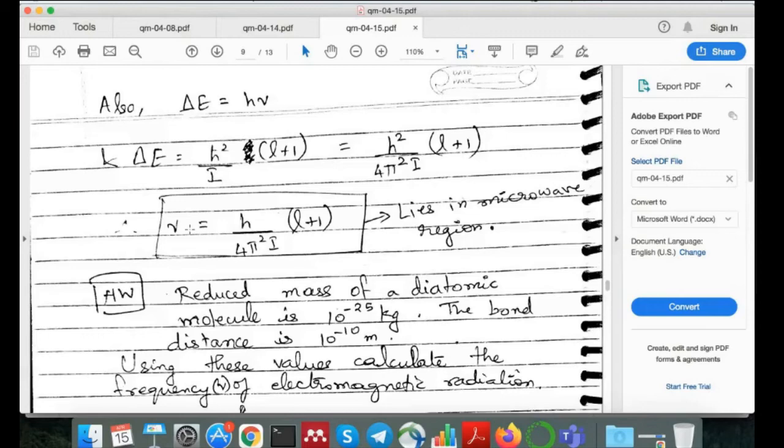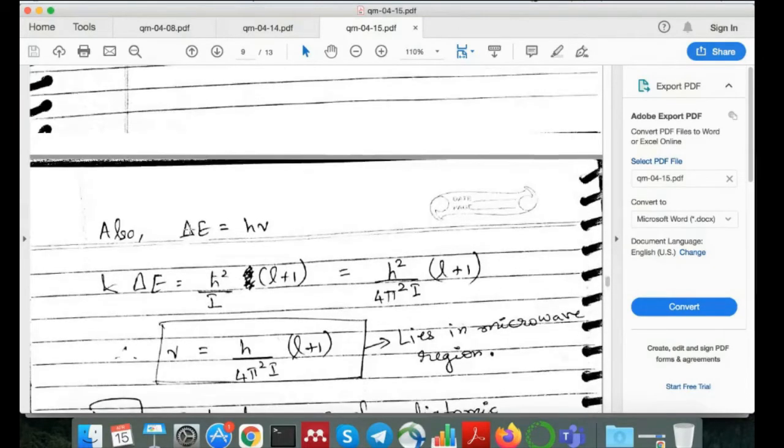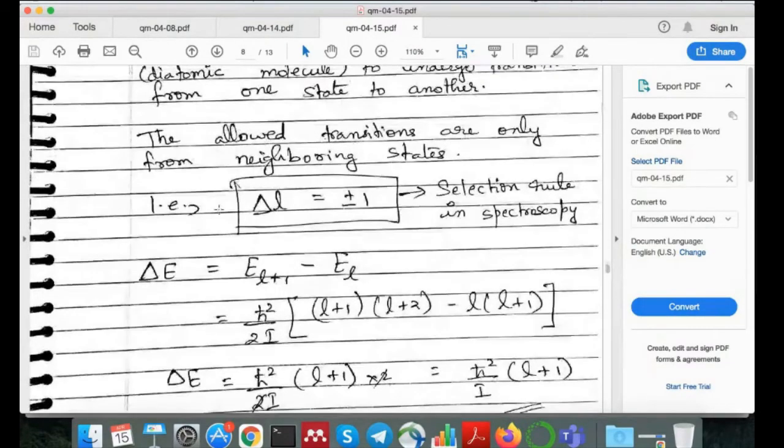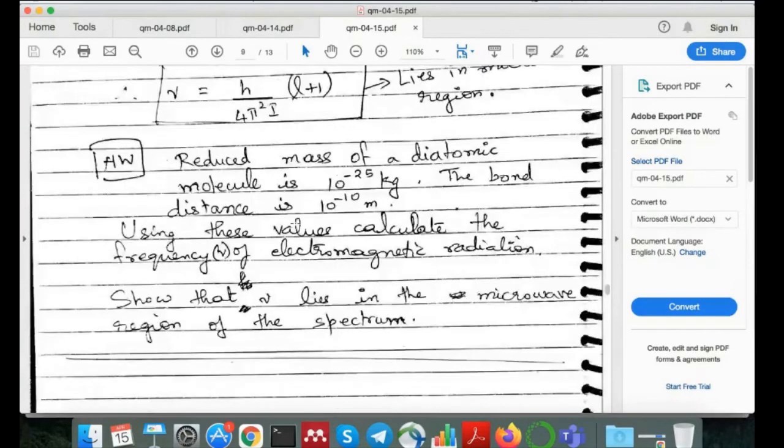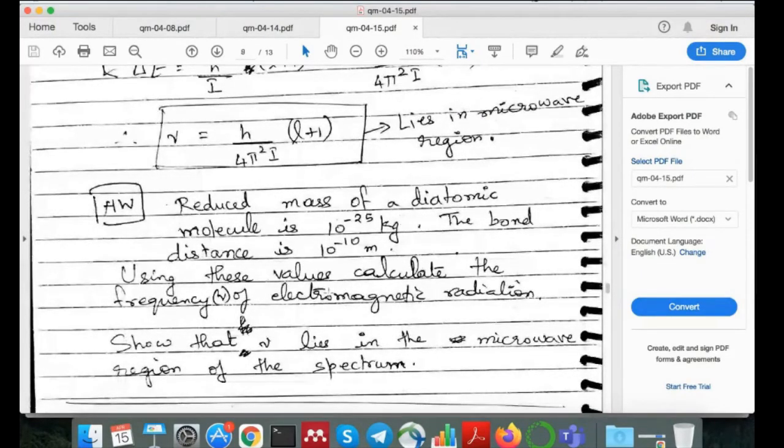Of course, there is a selection rule for microwave spectroscopy, and that is the constraint: you can only go either one up or one down. You cannot go more than 2 levels up or down during the energy transitions of a rigid rotor.